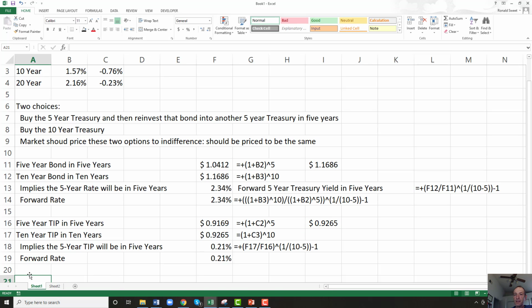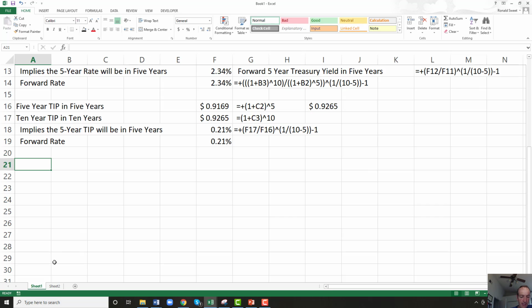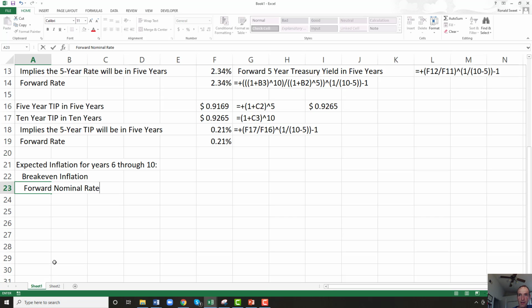So what does this tell us? What expected inflation for years 6 through 10 to be? This is called break-even inflation. And all you've got to do is take the forward nominal rate minus the forward real rate.